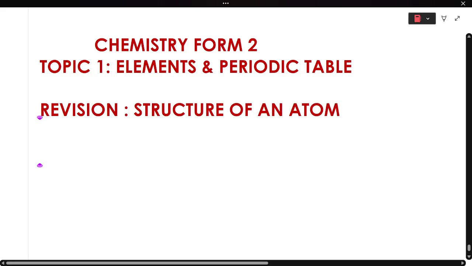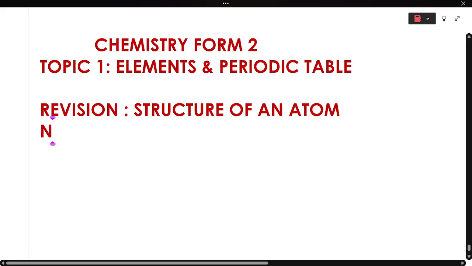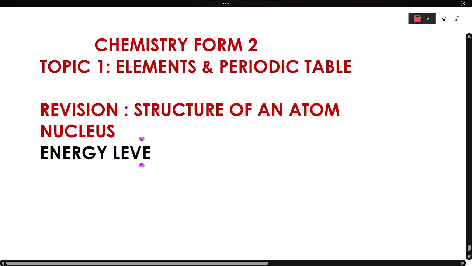So in Form 1, you were saying that an atom has got the nucleus, right? And also has got the energy levels, right? Yes, energy levels, or shells, right?